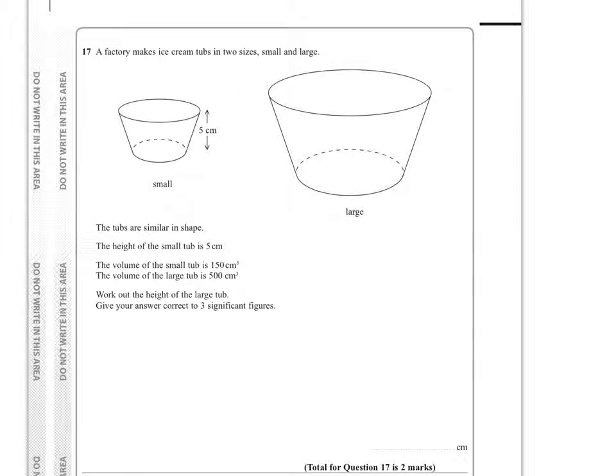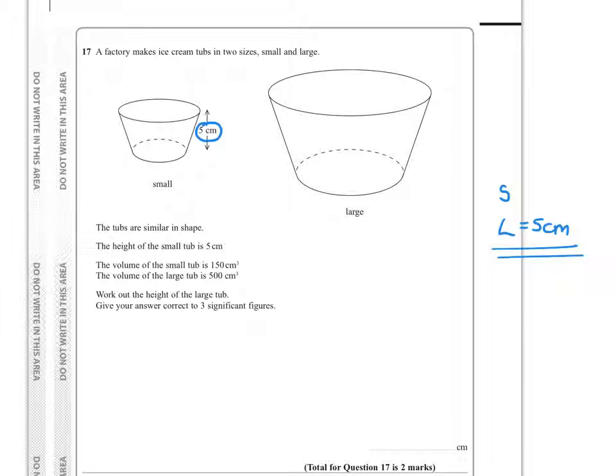Question 17. A factory makes ice cream tubs in 2 sizes, small and large. Well, we're given the fact that they're similar to each other. Now we have the length here of the small one, and what we can say is that the length here is 5 centimeters.